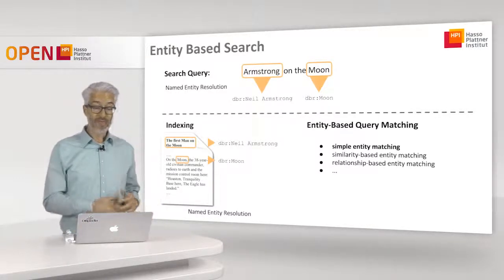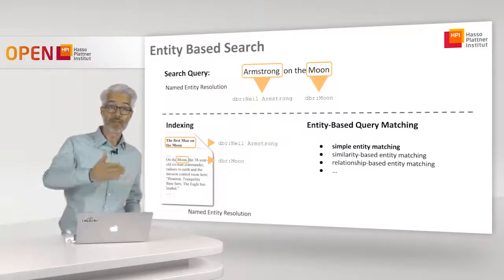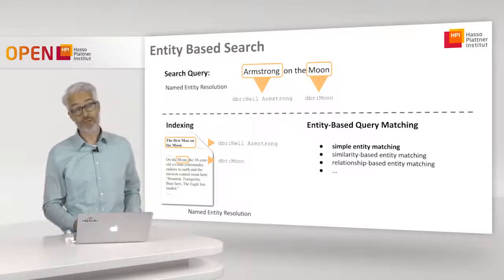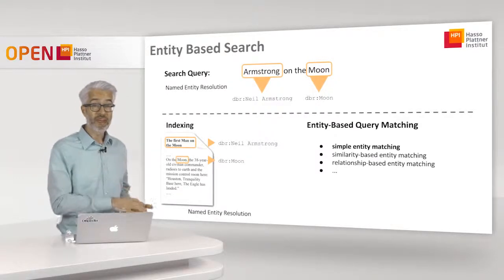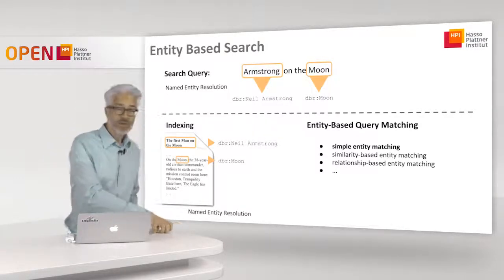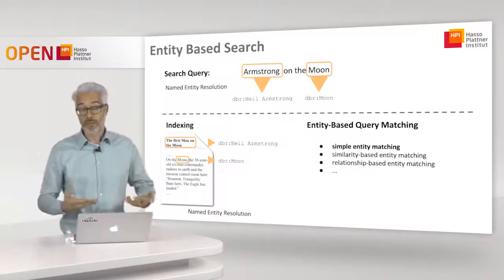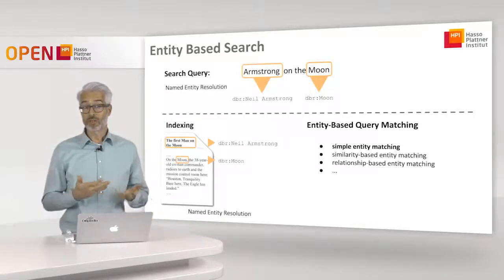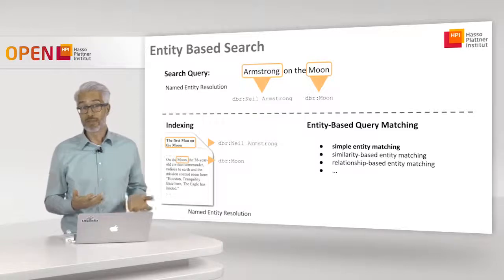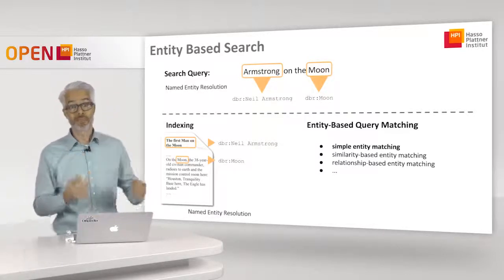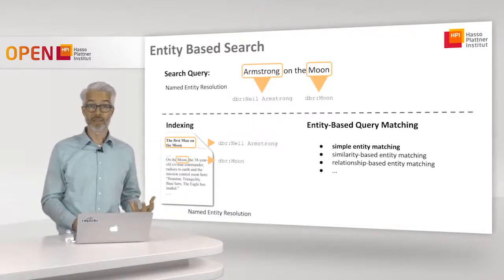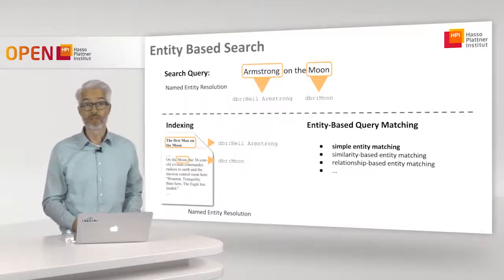Then, of course, you might find many documents which contain these two entities, and you also have to consider the order of the result documents. What should be the criteria for ordering these and presenting the best search results at the top of your result list?